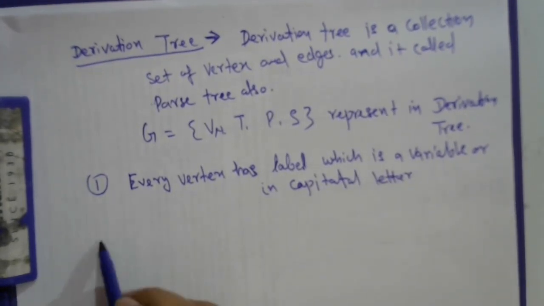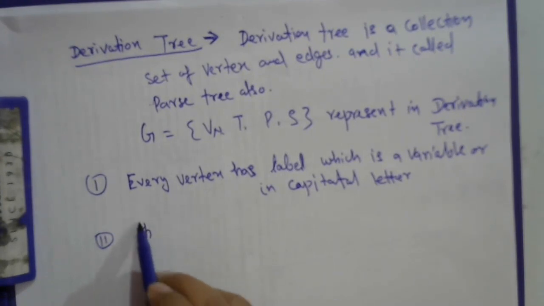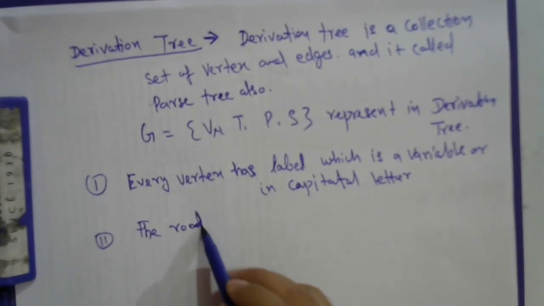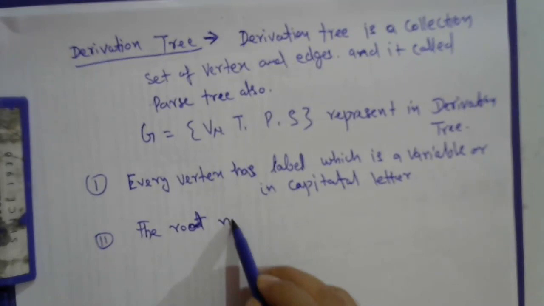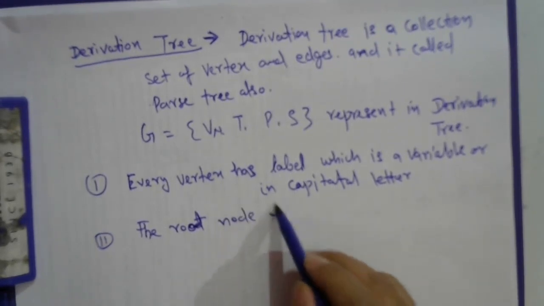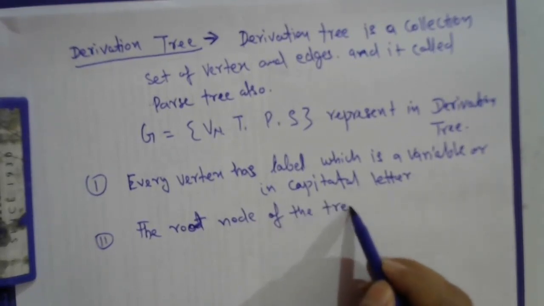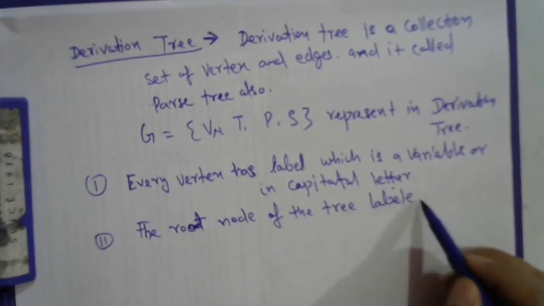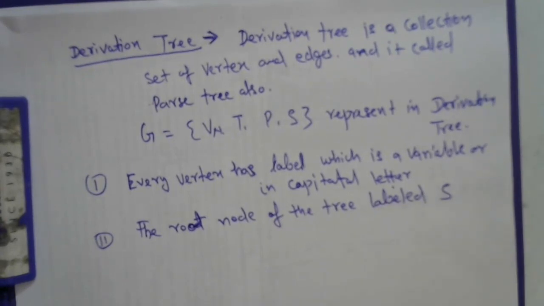And the second rule is that the root node of the tree is labeled with capital S, the start symbol of the grammar.